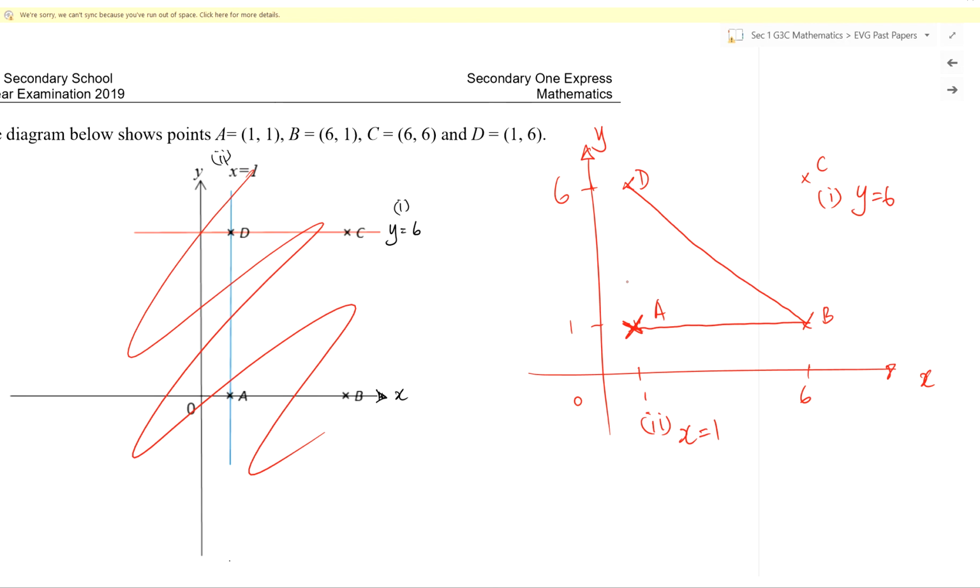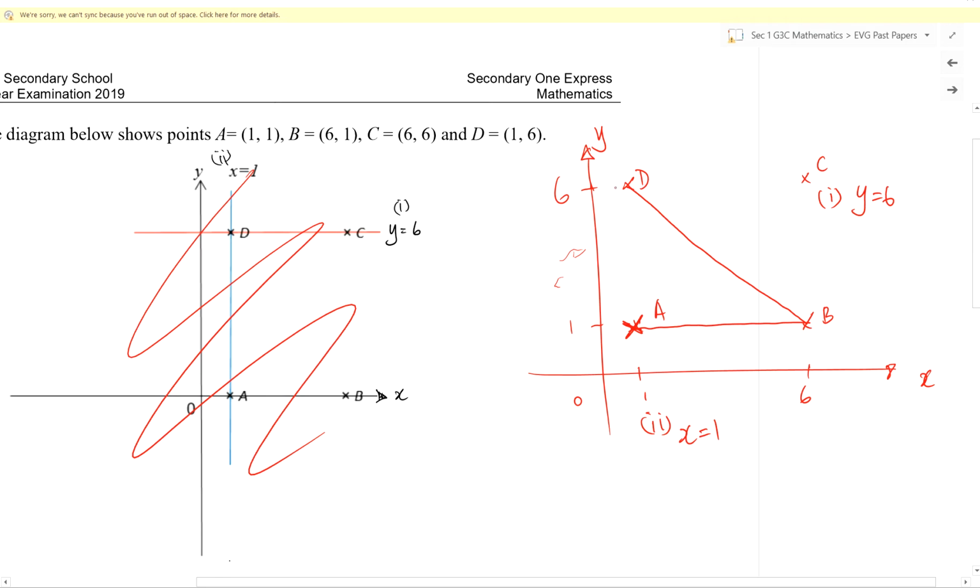Let's do a quick check. Are you able to visualize roughly where point E is? If point E is here, does it look like a parallelogram? Totally doesn't. If it is over here? Also doesn't. How about somewhere here? Looks more reasonable, right?